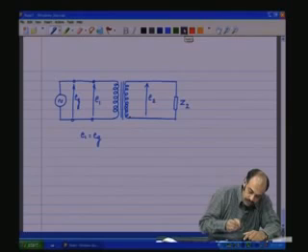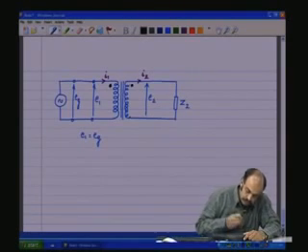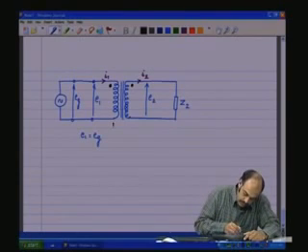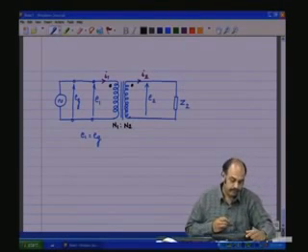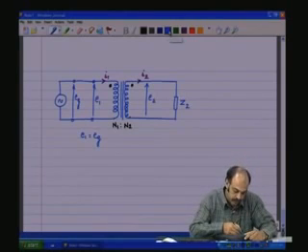The current through the primary we will call I1, current through the secondary we will call I2. We have the dot polarities as shown here, and this is N1 is to N2. This will complete the way the transformer looks.